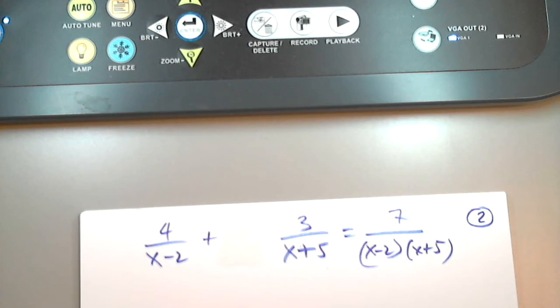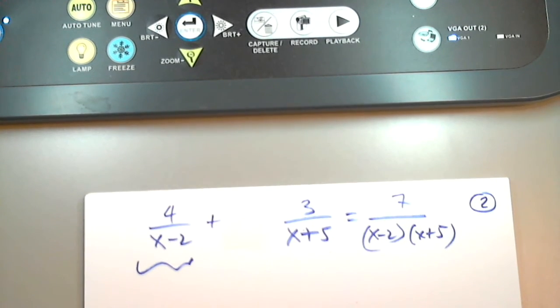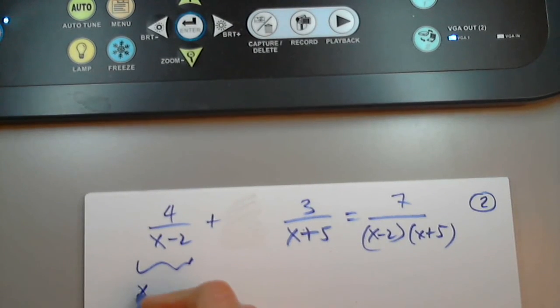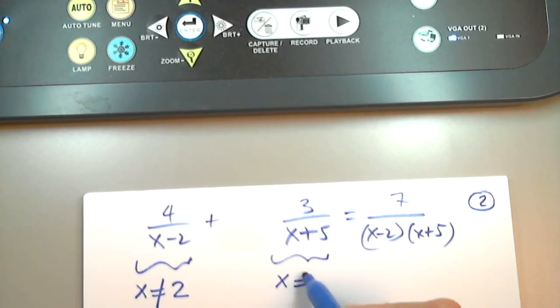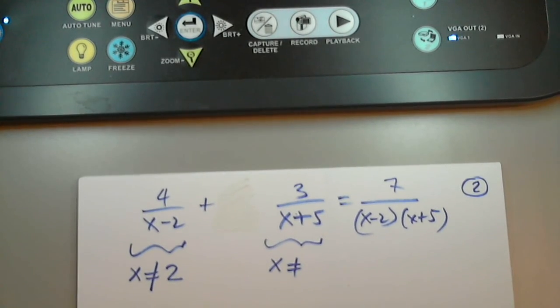Why? Because they have x in the denominator, and we have to state what are called restrictions.